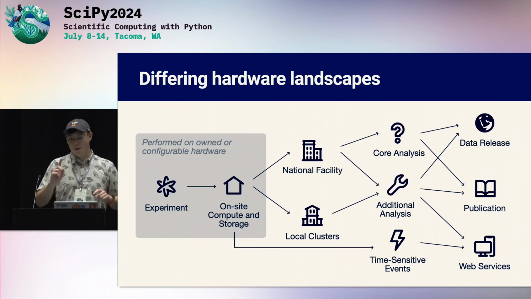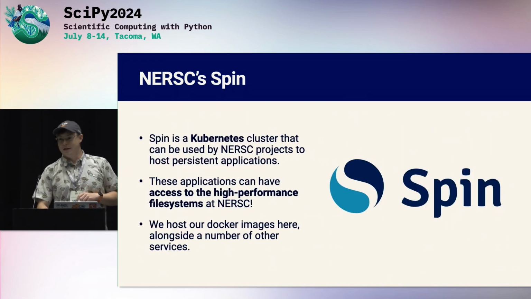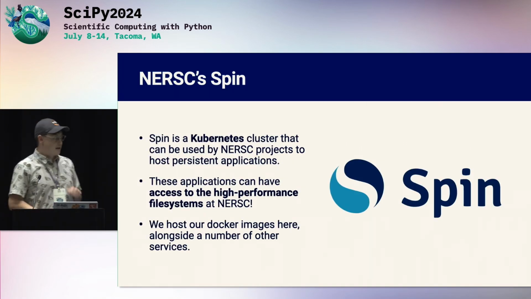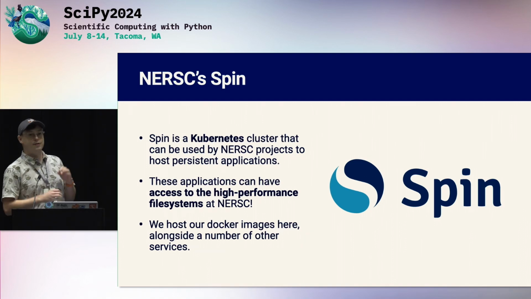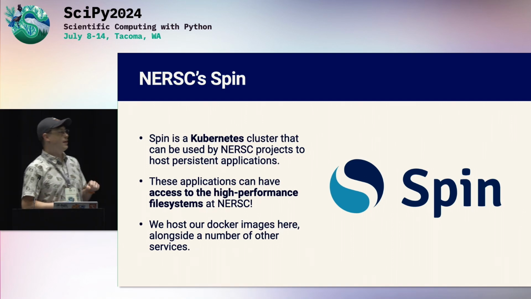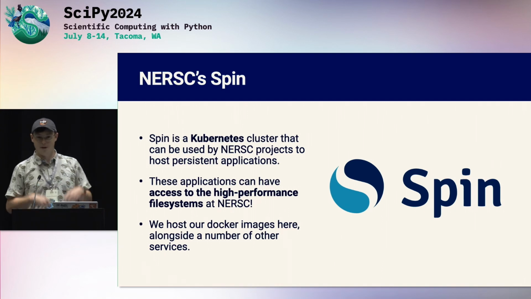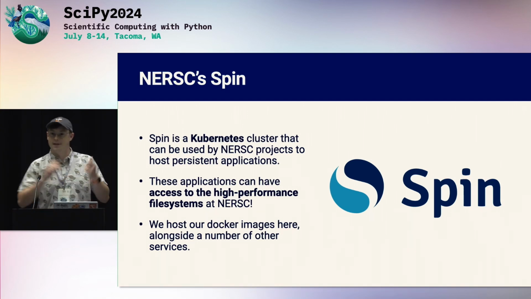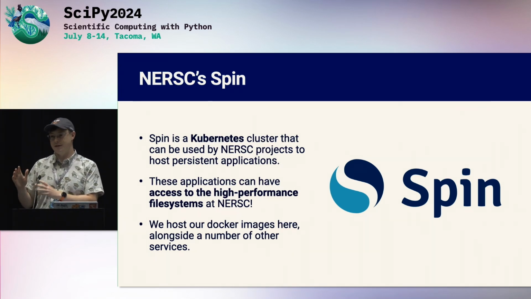We do have one kind of benefit, though. So the NERSC National Facility has kind of somewhat recently had this kind of wonderful thing that they've created called Spin, which is just a Kubernetes cluster that runs Rancher, and you can run your persistent services there.